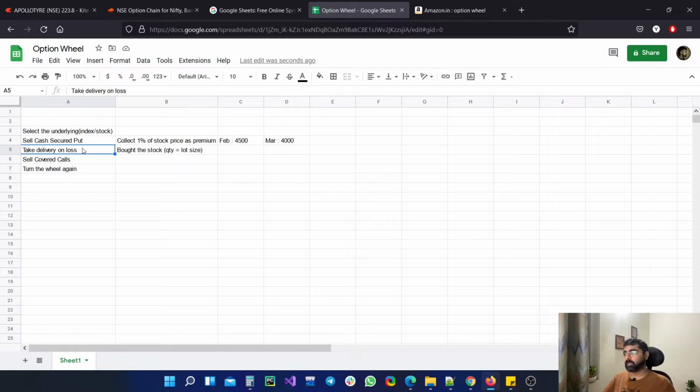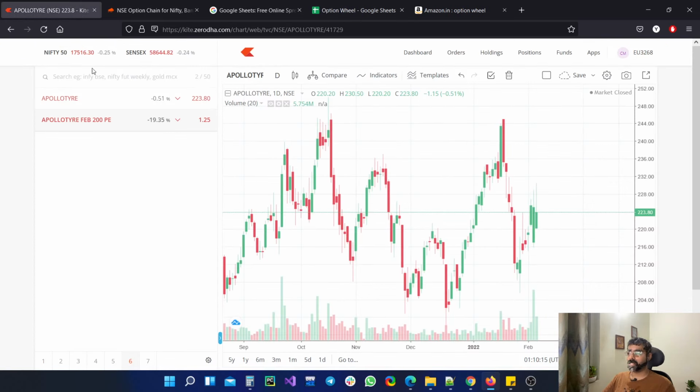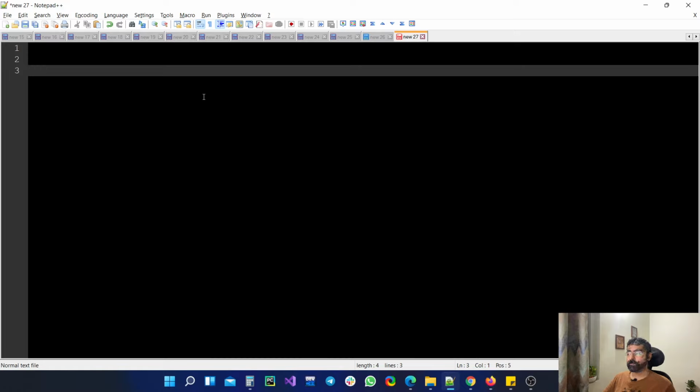So what would happen here is, after buying the stock in cash, you can start selling calls on it. So what does this mean? So this means that if the stock of Apollo Tyres has fallen to 200, so let us say that I have 2,500 quantity of Apollo Tyres and I have it at a price of 198.